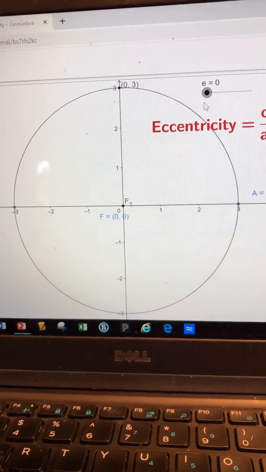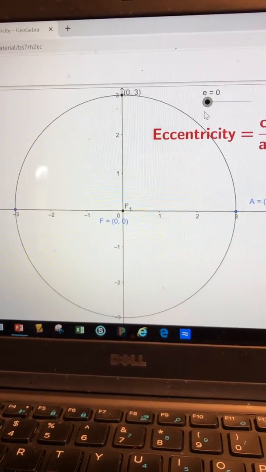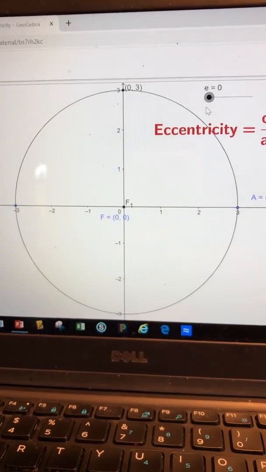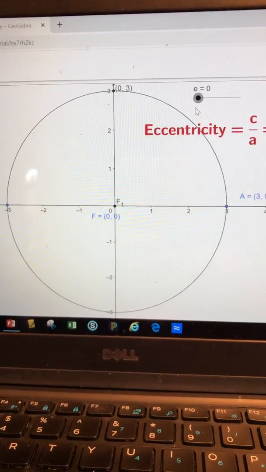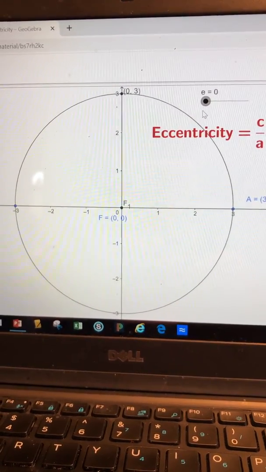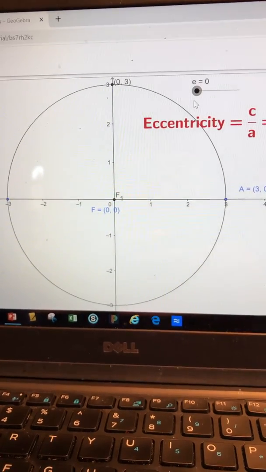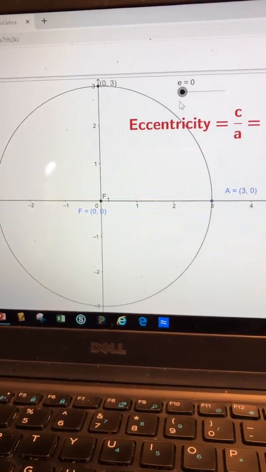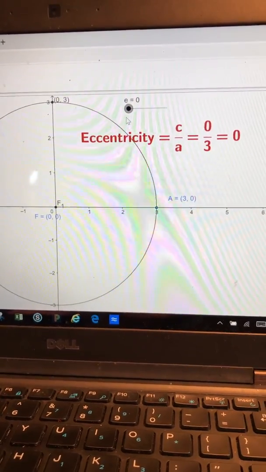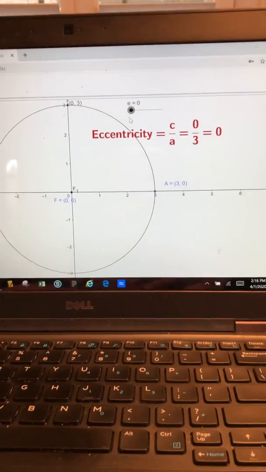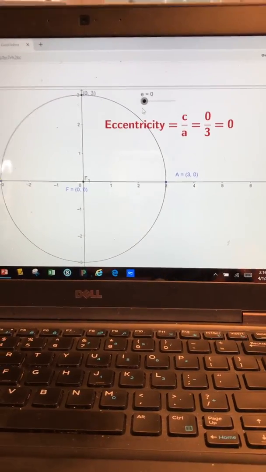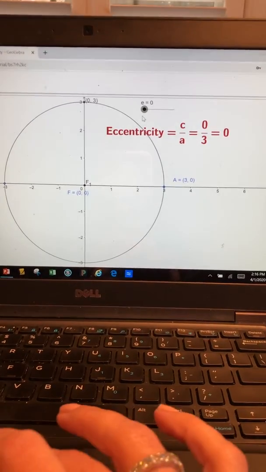So here you can see that I have a circle, and you can see that it's graphed perfectly. And circles are perfect, right? They have no eccentricity whatsoever. So the eccentricity calculation is 0, all right? You can see that it's 0. I didn't even really talk about eccentricity when I talked about circles because it doesn't really exist.